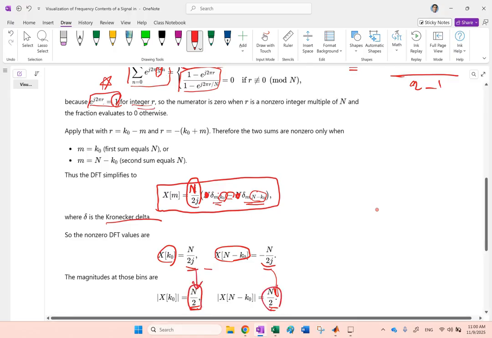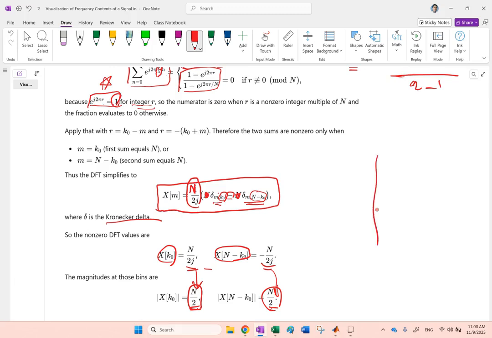So what you will see for this signal, if you look at it in the frequency domain, at the frequency of k naught and then n minus k naught, if this is the frequency and this is the magnitude of X, you should see two peaks, one like this, one like that, and the magnitude for both of them is n over 2.